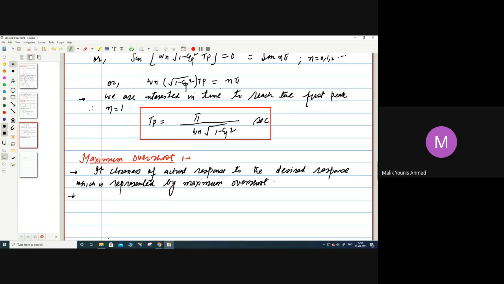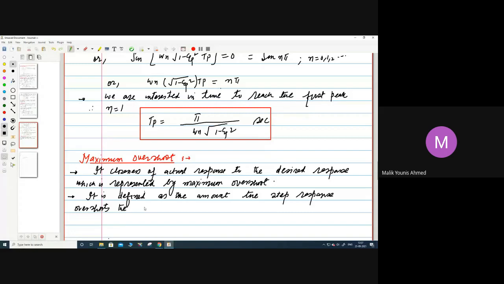Then the second definition, according to the step response: it is defined as the amount by which the step response overshoots the steady state value. How much above it will go?